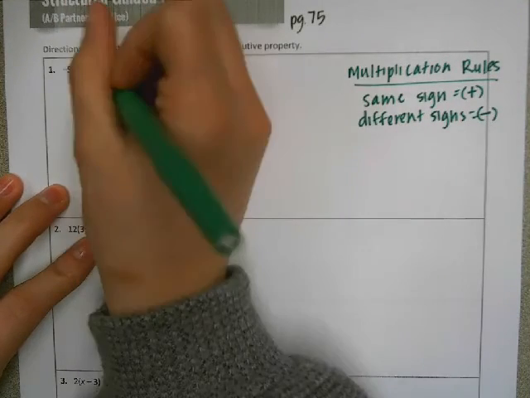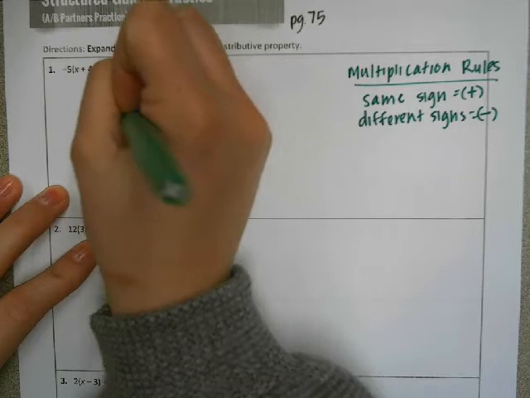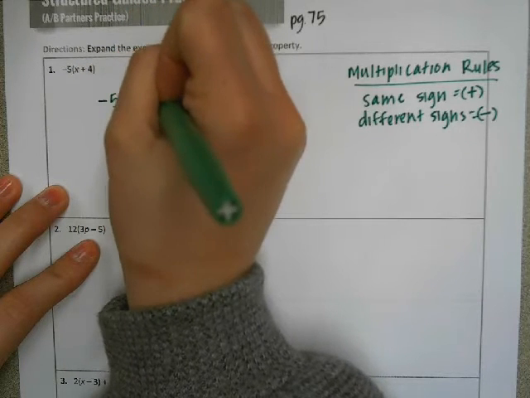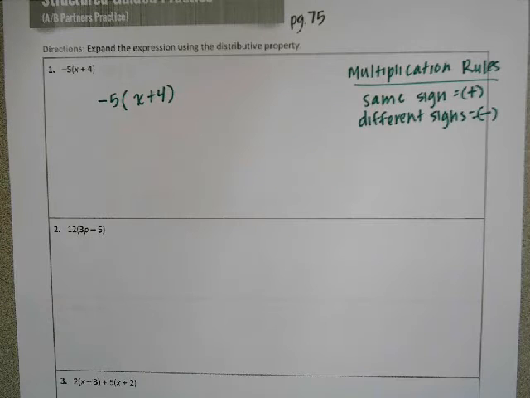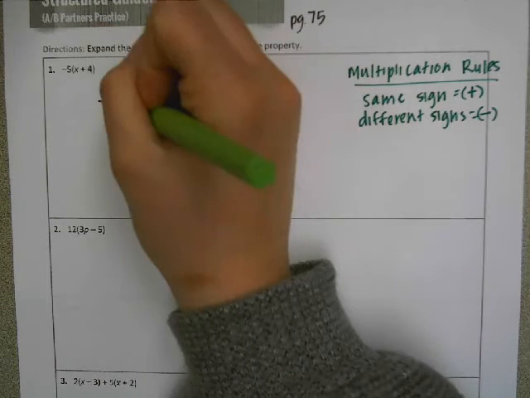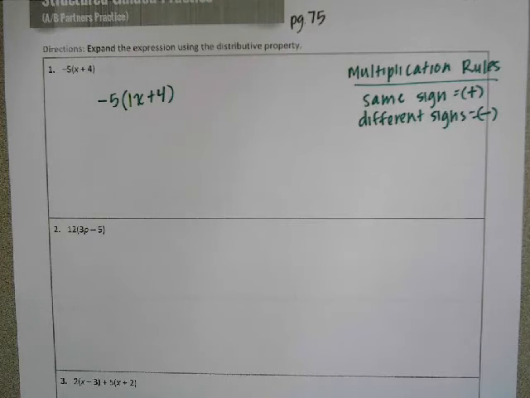Now something to remember, if I have a variable with no number in front of it, so again, a variable is a letter, so if there's no number in front of it, we know that there's an invisible 1 right there, so that's really 1x plus 4.